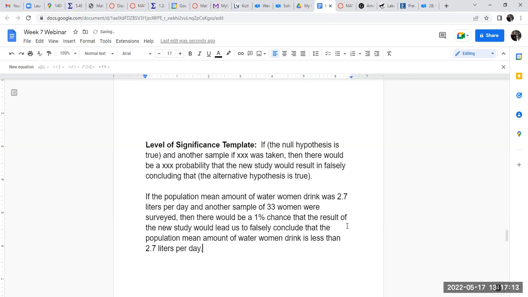So it's basically the probability of a type 1 error. Any questions? I'll let you look at that for a second. Any questions on that?